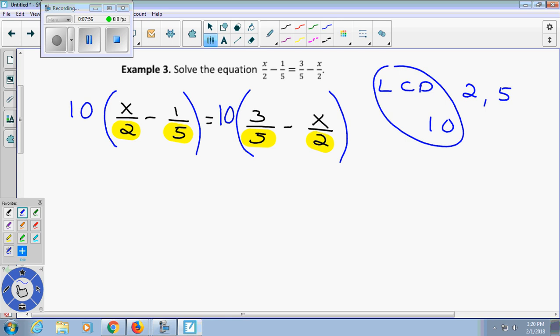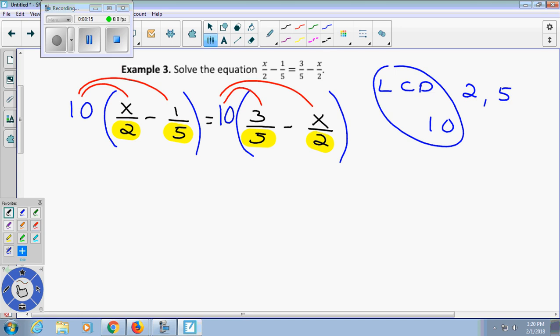So it looks like a mess now, but here's the trick. I'm going to take this 10 and distribute it to these two terms, and then I'll do the same thing on the right side.